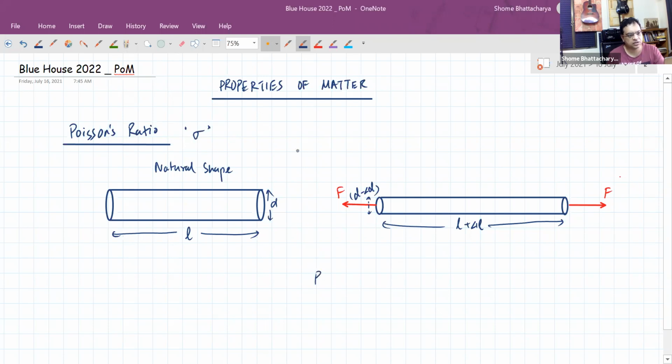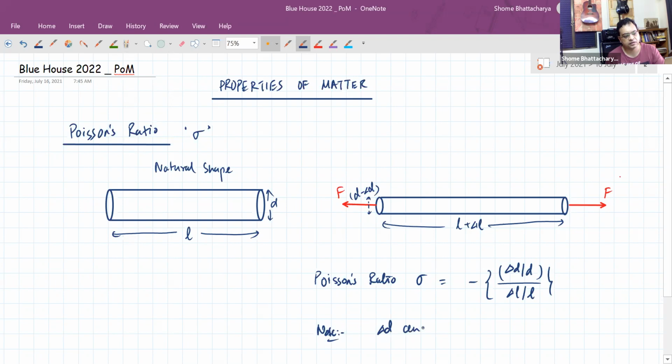So we denote it with the symbol sigma. So Poisson's ratio, here the quantities delta D and delta L are substituted with sign.